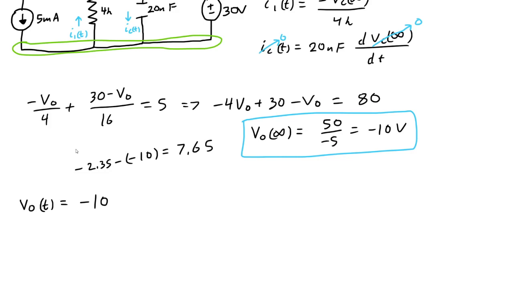I'm pretty sure that's right. Anyway, so that's going to become plus 7.65 e to the minus.